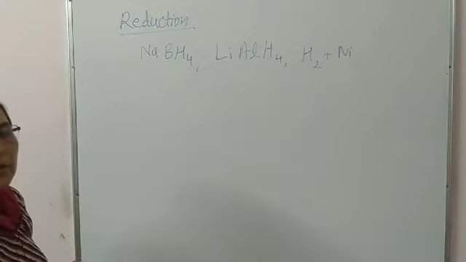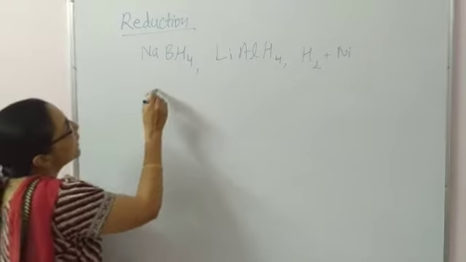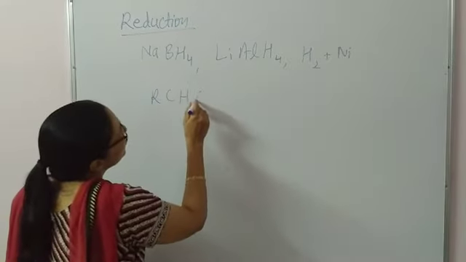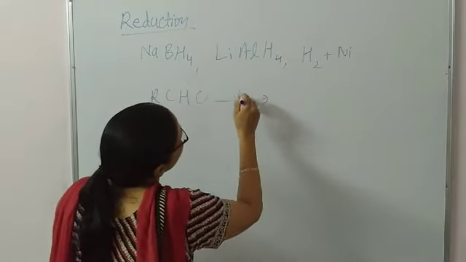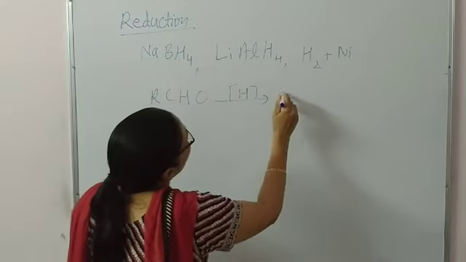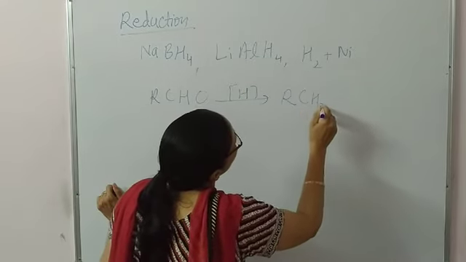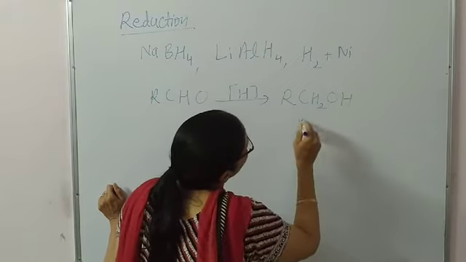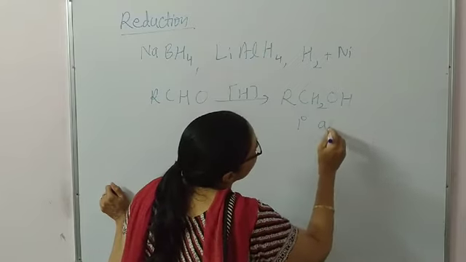These three strong reducing agents, if they react with RCHO aldehyde, there will be formation of RCH2OH, primary alcohol, 1 degree alcohol.